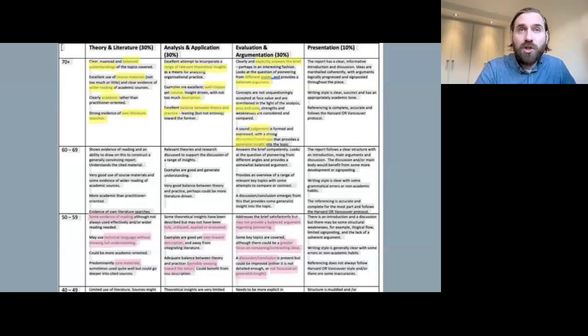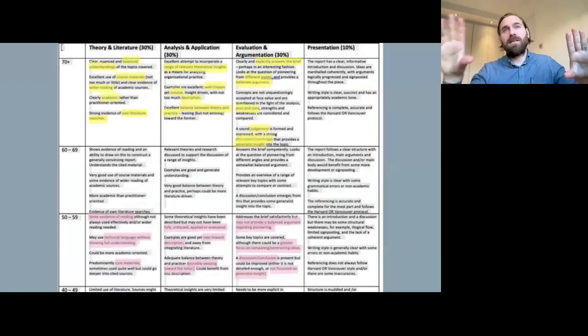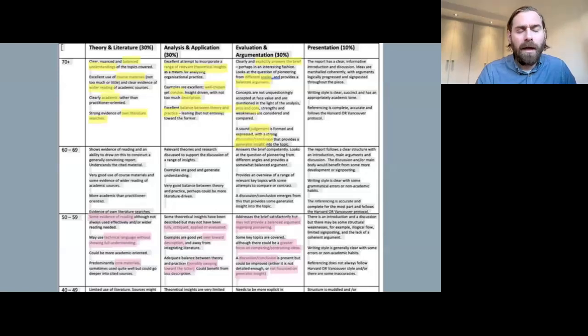Normally discussions that fall into these lower marks are just a summary of what came before. So you say, there's these strengths, there's these weaknesses, and then in the conclusion, you just say, in conclusion, there are strengths and weaknesses. Whereas a really effective discussion is going to say, yes, there are strengths and weaknesses, and this is what we've learned from it. And I'll talk a little bit about that when we talk about structure.